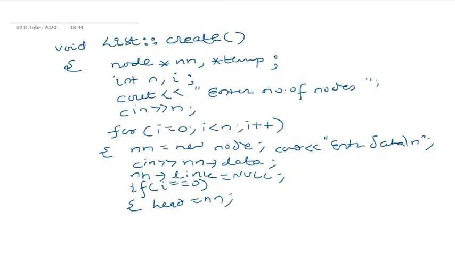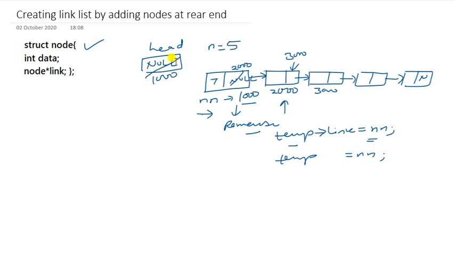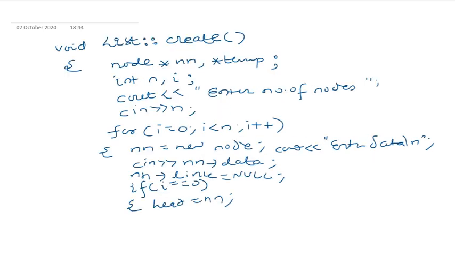Here I have updated the head. Initially it will be null. When you create the very first node, the address of the very first node should be updated. That's why we make this nn the head. And one more thing you need to do, you have to remember this nn as temp.